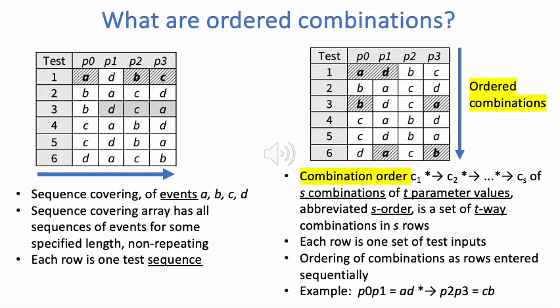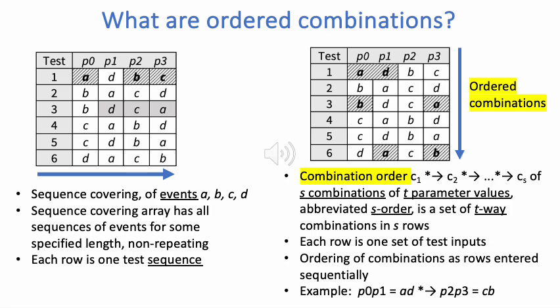So what the combination order looks at in this case are cases where a particular combination of values is eventually followed by some other combination of values. And of course these numbers get very large, which we'll talk about.